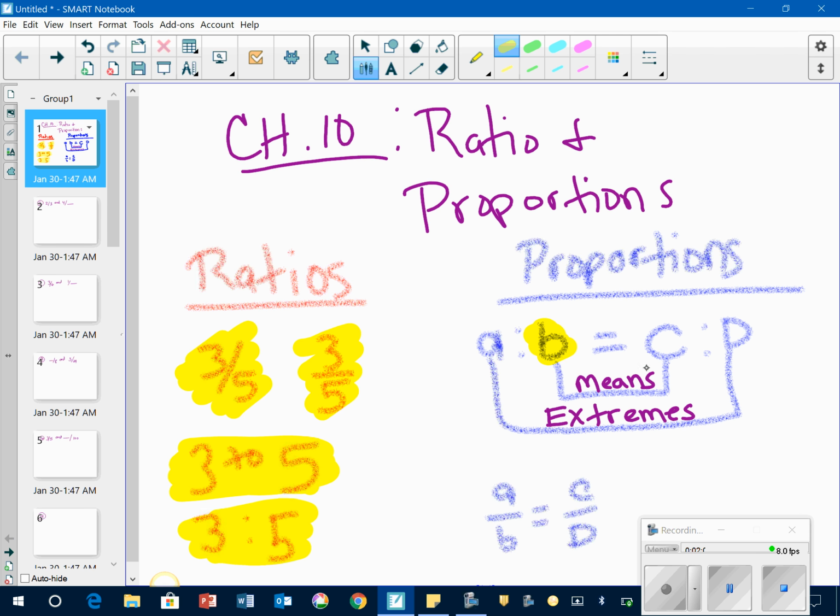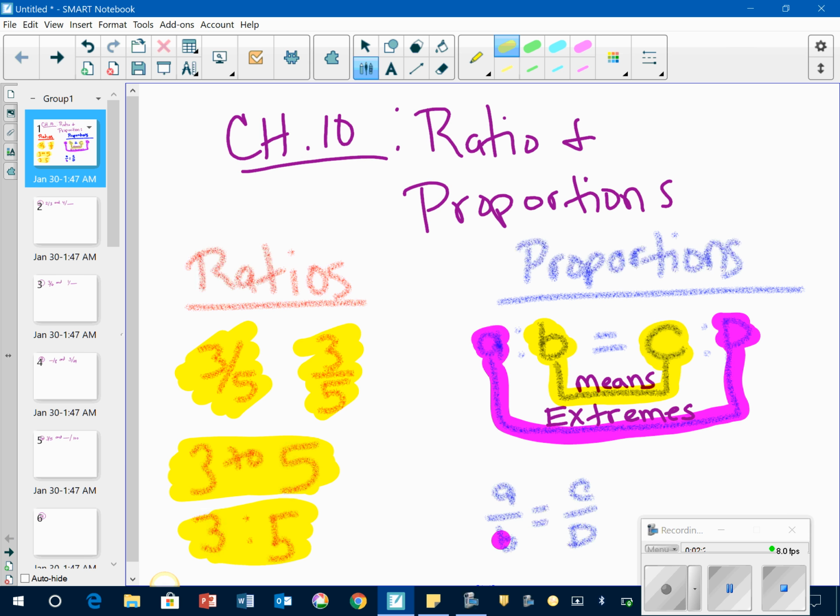But if you notice here, the means are B and C, and then you have the extremes, which are A and D. And this is what they are here. So A over B equals C over D.